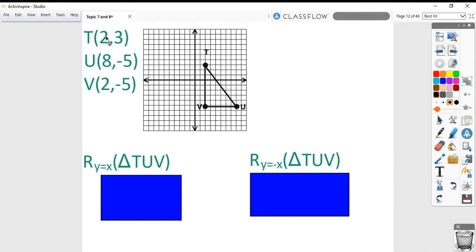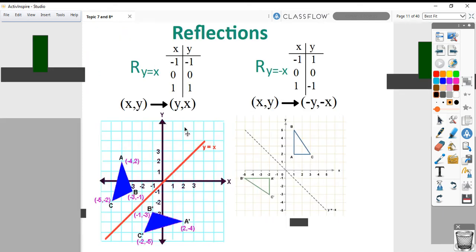All right, we've got the same triangle TUV, all of the same points right here as our first example. And we're going to reflect them over these two lines. So first, if we're reflecting over the line y equals x, the rule right here says that your original x and y trade places in the reflection.